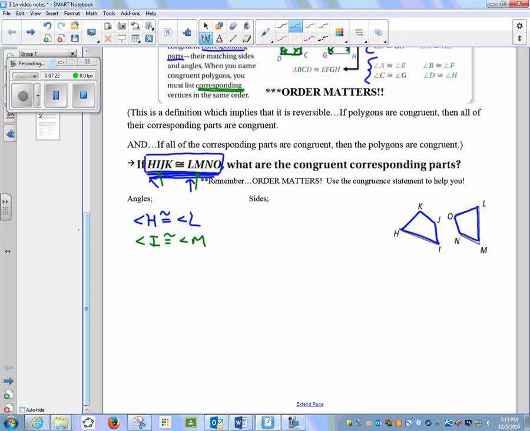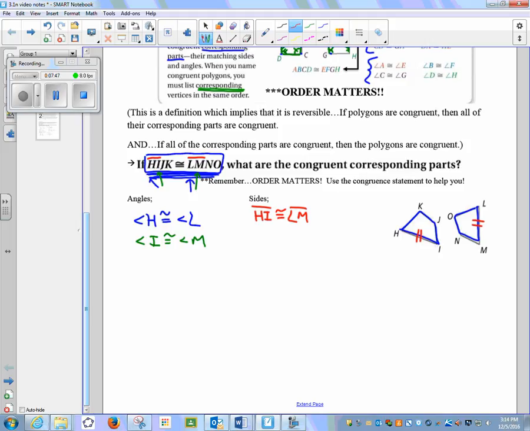When you're talking about sides, HI are the first two letters, congruent to LM, because those are the first two letters. If we look at our diagram, HI congruent to LM makes sense. That's like the longest side in both of those diagrams.